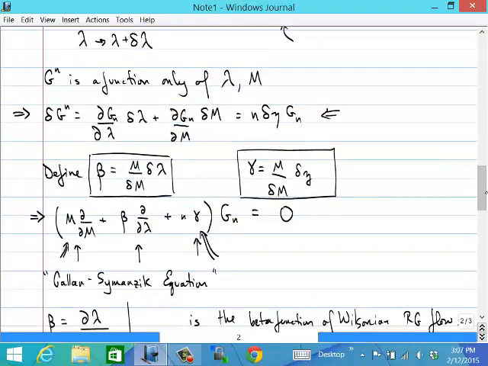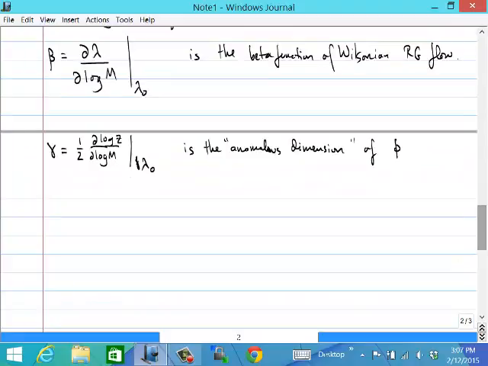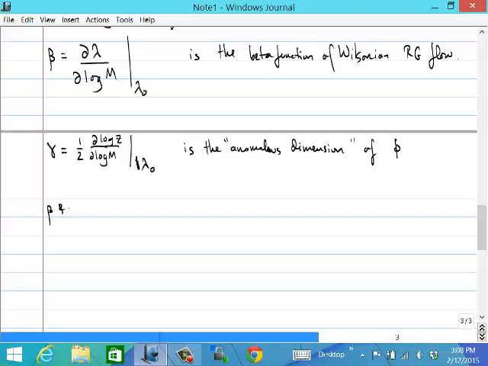Given this way of thinking about it, I think it's clear that the beta and gamma are, in principle, functions of lambda and m. But they're both dimensionless.